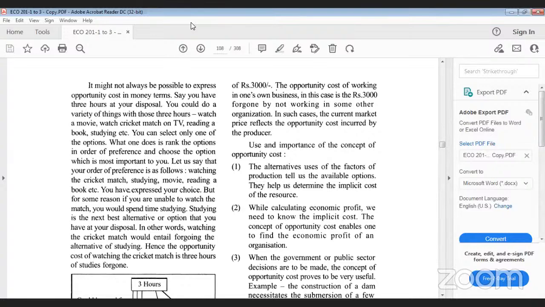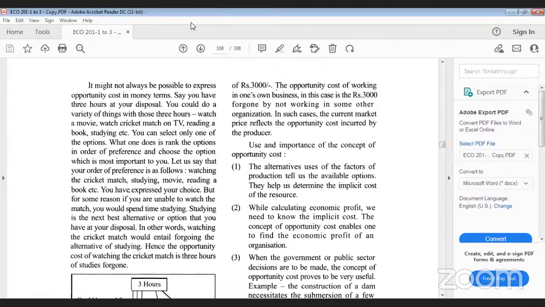In other words, watching the cricket match would entail foregoing the alternative of studying. Hence, the opportunity cost of watching the cricket match is 3 hours of study foregone. Similarly, if one works in one's own business, the opportunity cost is the rupees 3,000 foregone by not working in some other organization.